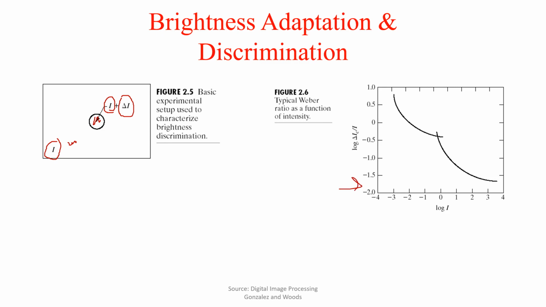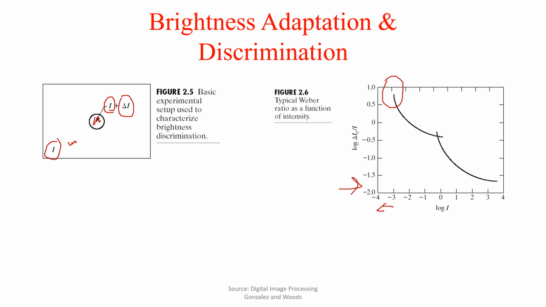Now here you can see when we are in very low light conditions, means these are the very low light conditions, right here. When we are in a very low light condition, then we need delta I, that is the change, to be relatively high.